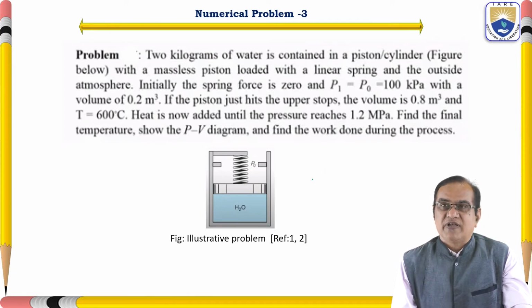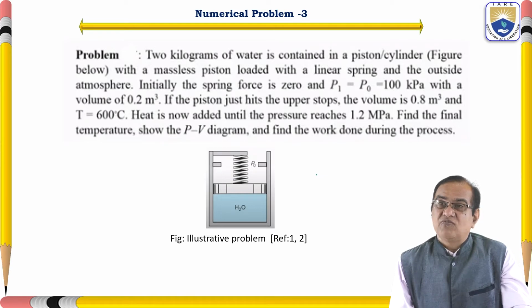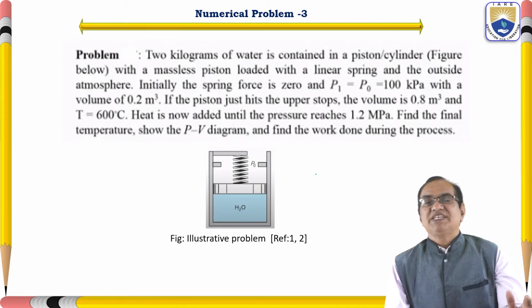I have discussed in my previous classes how to find pressure, temperature, specific volume, entropy, and enthalpy. All these things we can find with the help of the steam table.